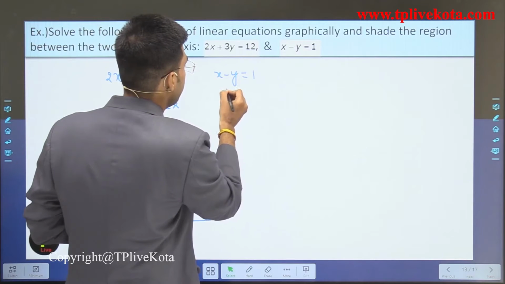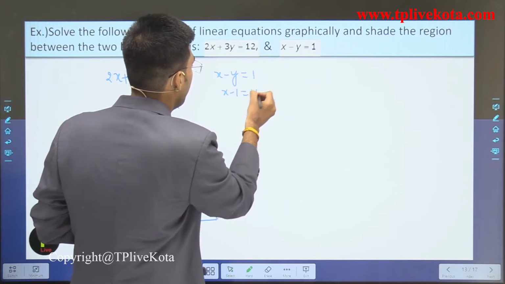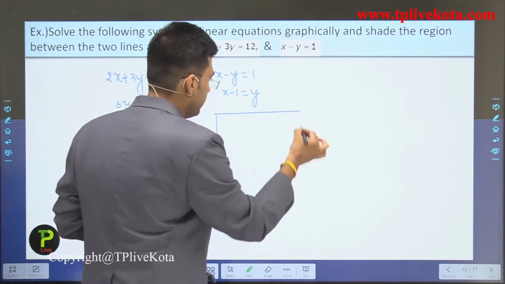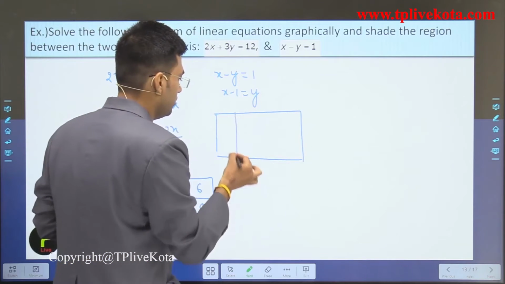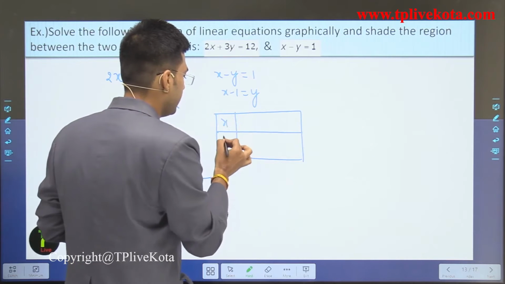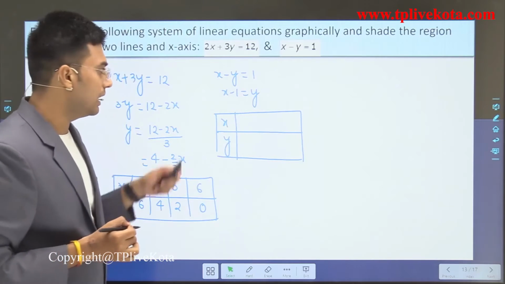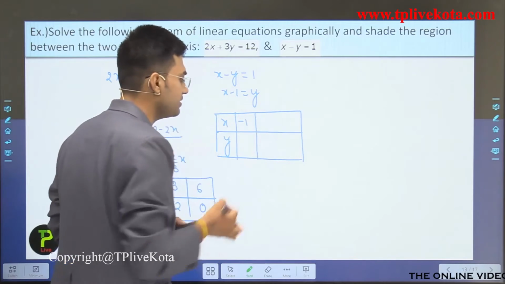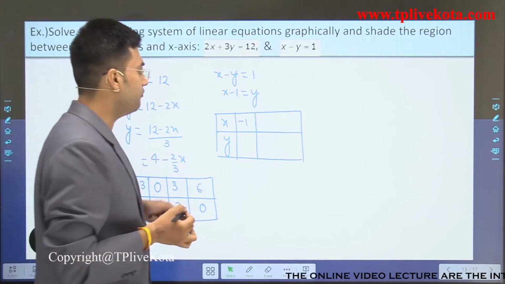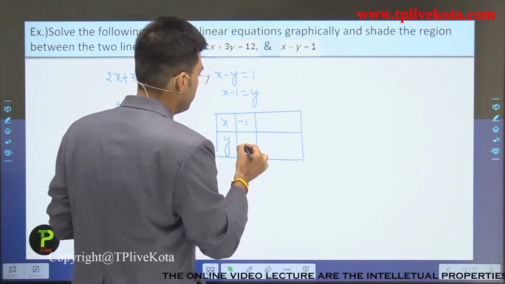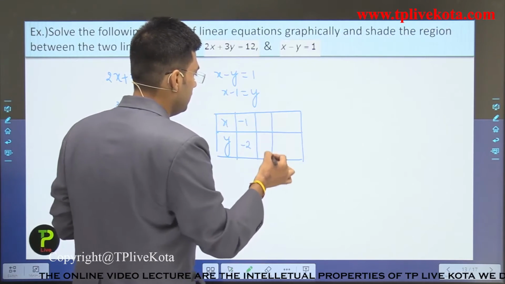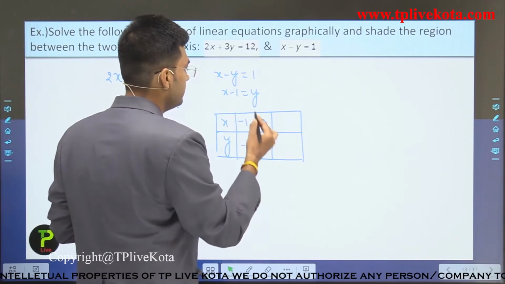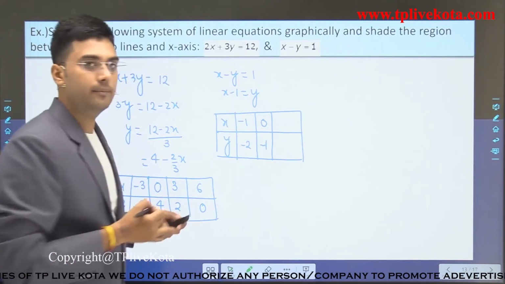Now the next is x minus y equal to 1. So we can write x minus 1 equal to y. Now let's find the table for the values of x and y. Let's put x is equal to -1 first. Then y is equal to -2. If we put x is equal to 0, then y is equal to -1.